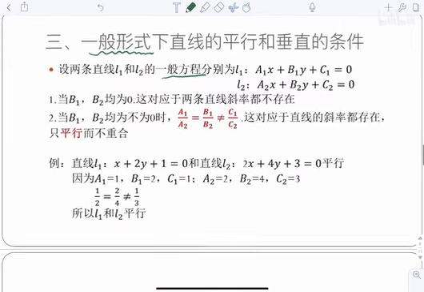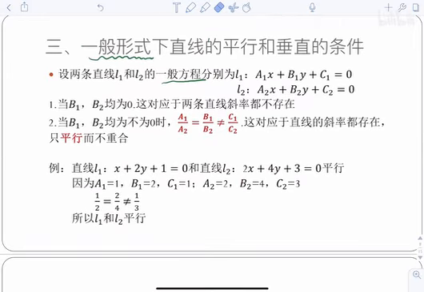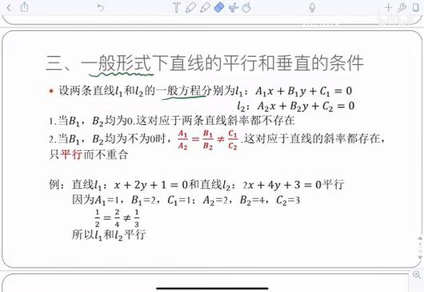So first, let's change L1 to y equals K1x plus b1. Let's change it to this. So first, move the A1x and C1 to the other side.